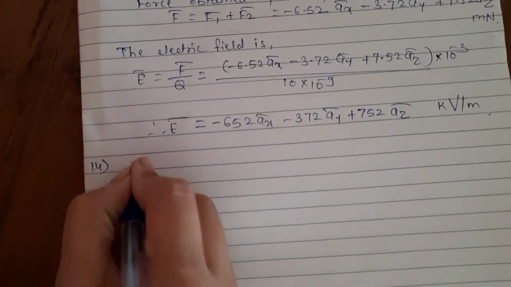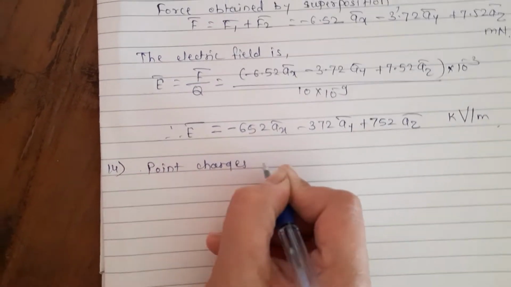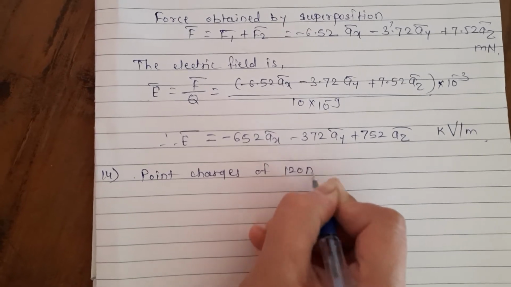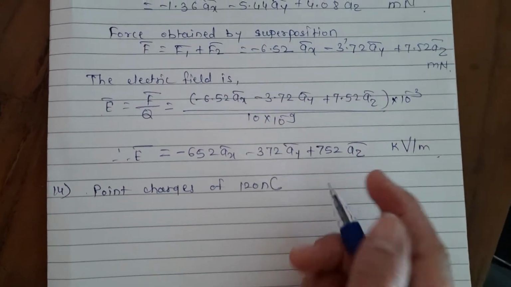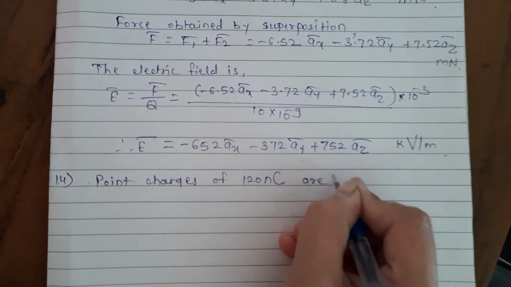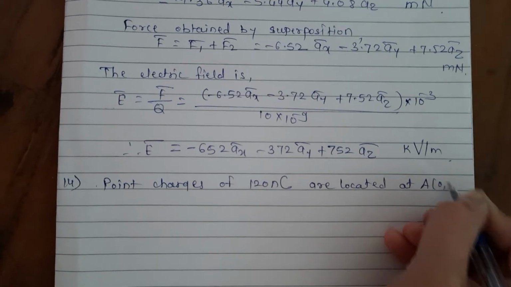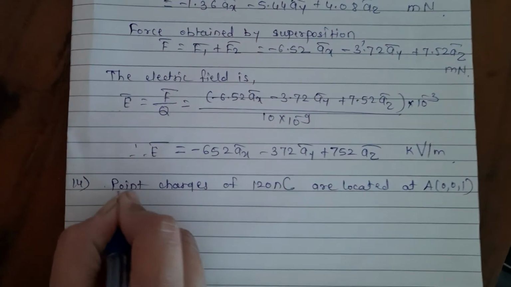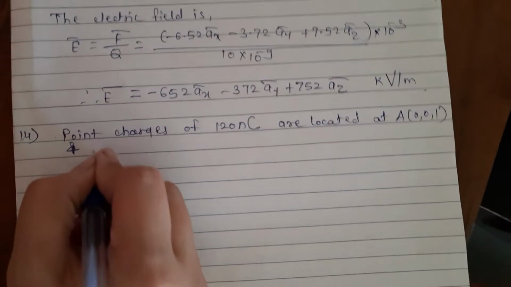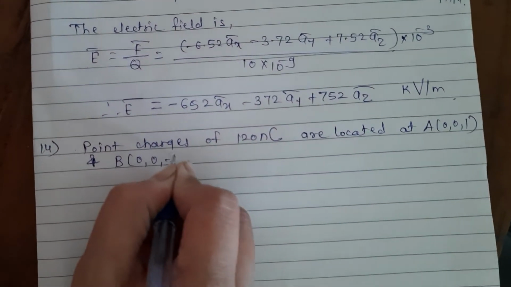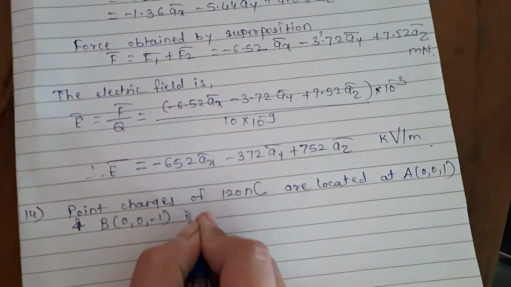Next is point charges of 120 nanocoulomb are located at A 0 0 1 and B 0 0 minus 1 in free space.